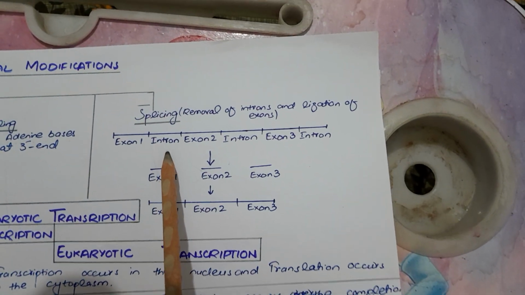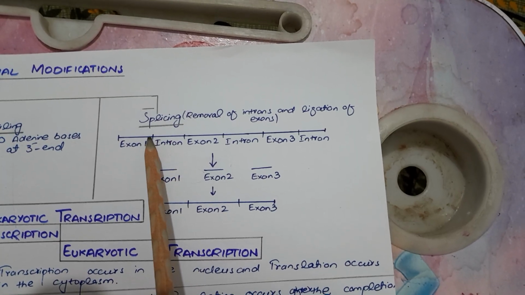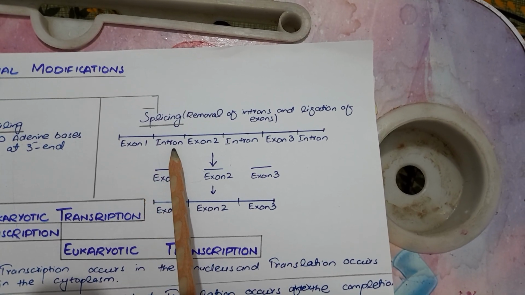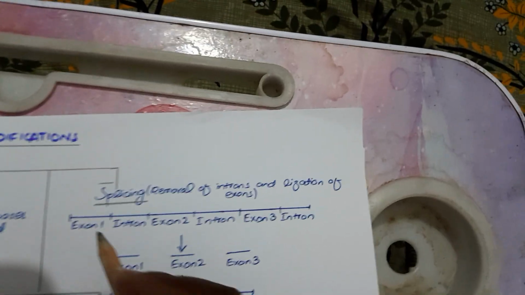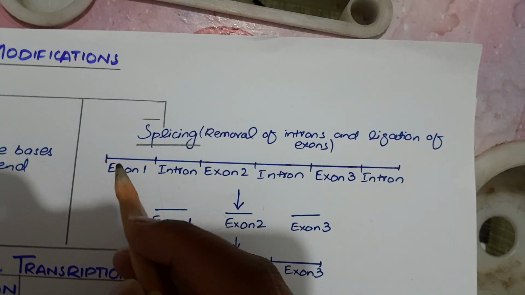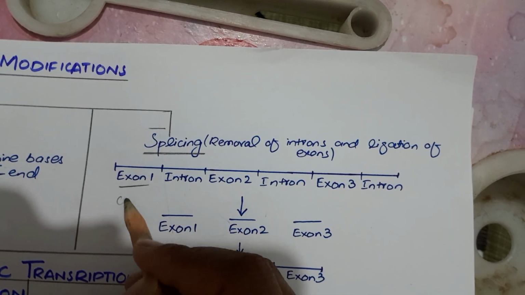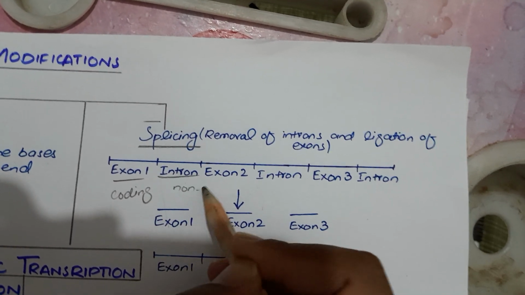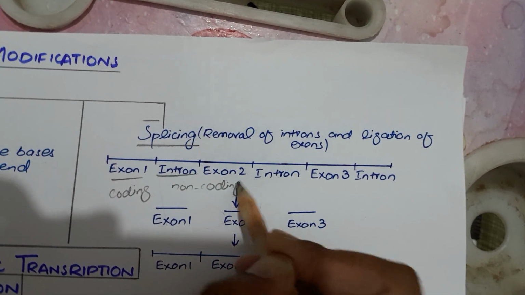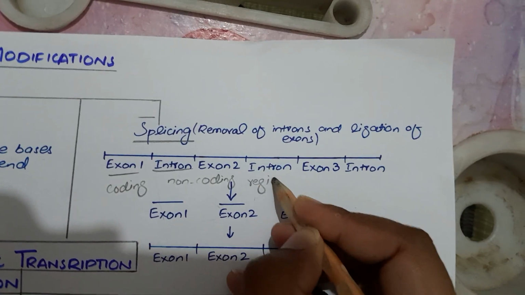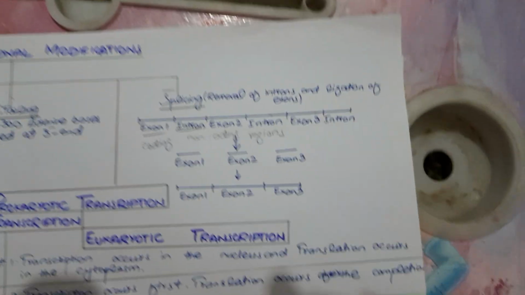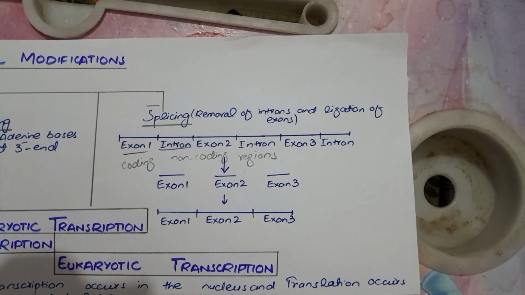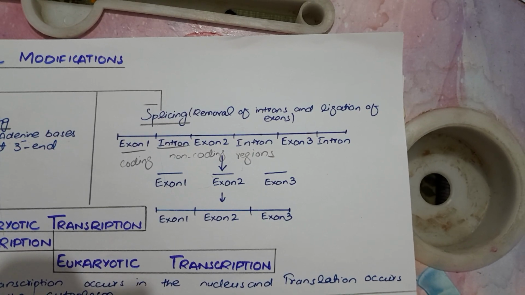What is splicing? The messenger RNA contains exons as well as introns. Exons are the coding regions. Introns are the non-coding regions. So, splicing is basically the removal of introns and ligation of exons.